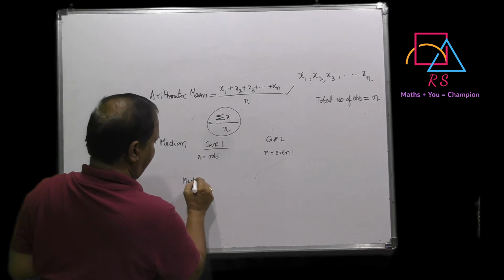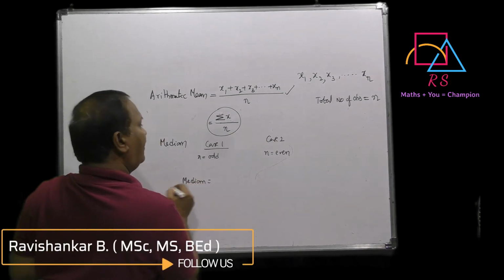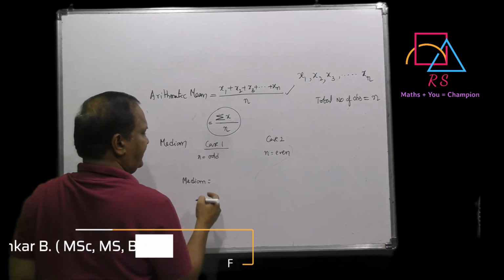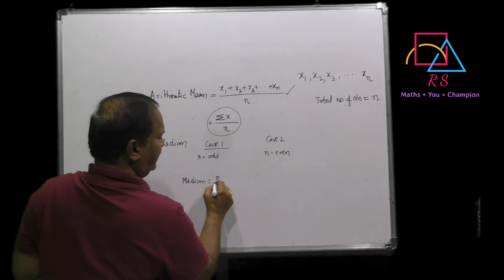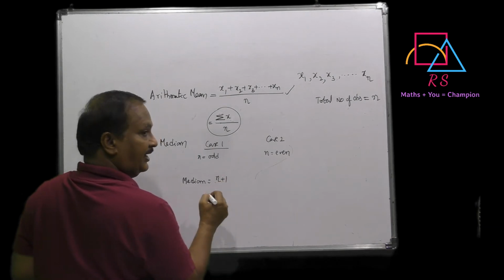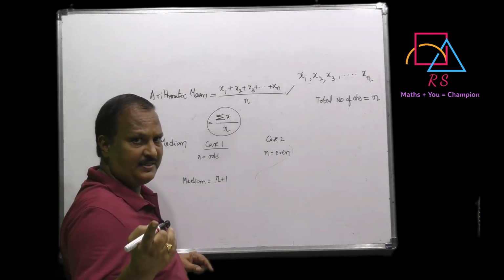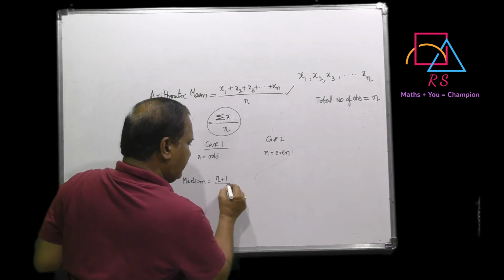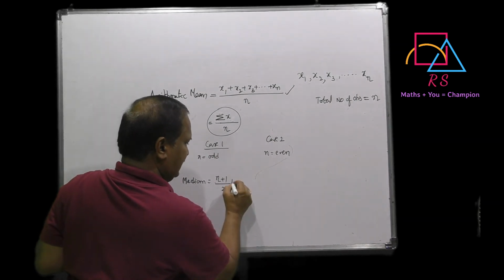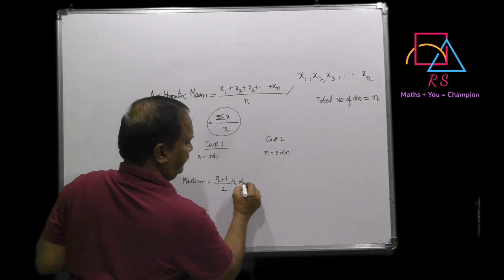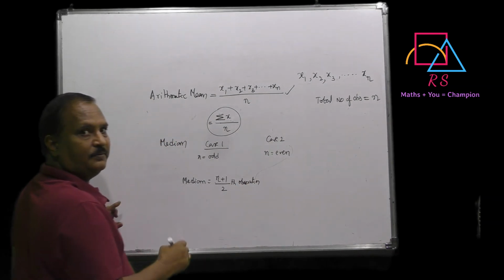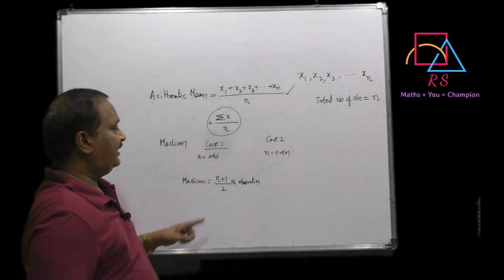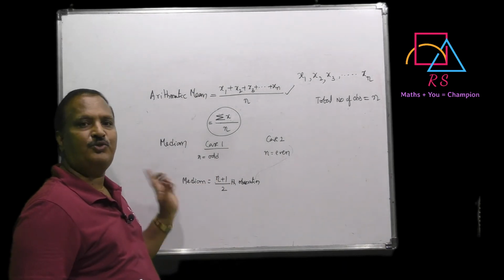First you have to write it in ascending order. After writing all the numbers in ascending order, here n is odd, (n plus 1) by 2, I told you, 9 means 9 plus 1, 10 by 2. So (n plus 1) by 2 th observation or score or item or term, n plus 1 upon 2.